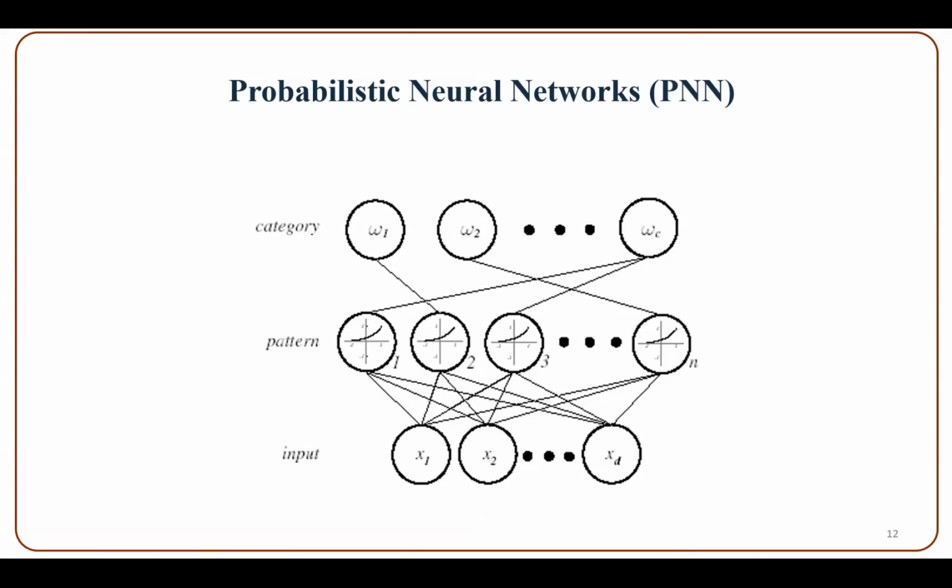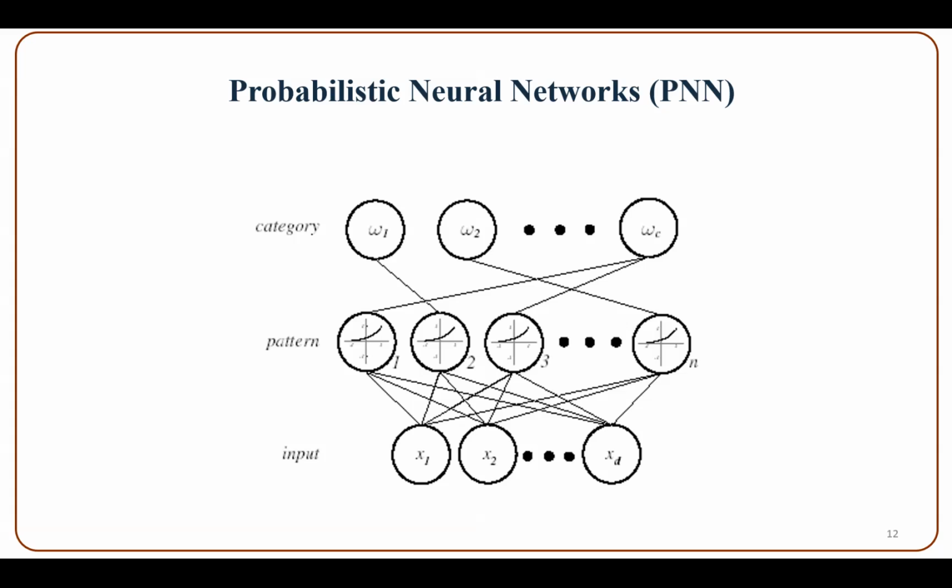The network has d input units, and each input unit is connected to each of the n pattern units, and each pattern unit is connected to one and only one of the C category units.